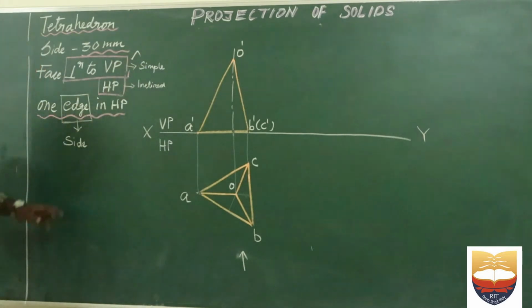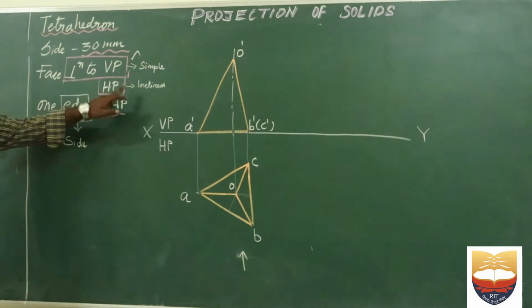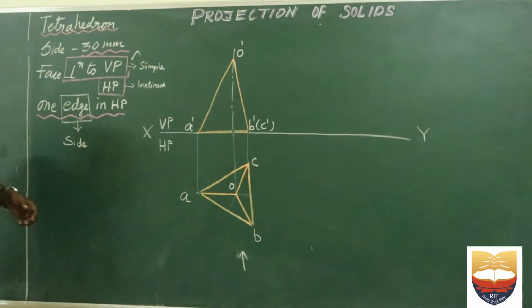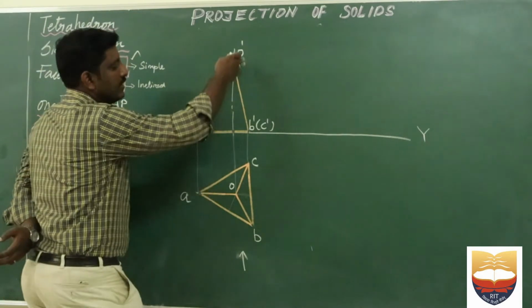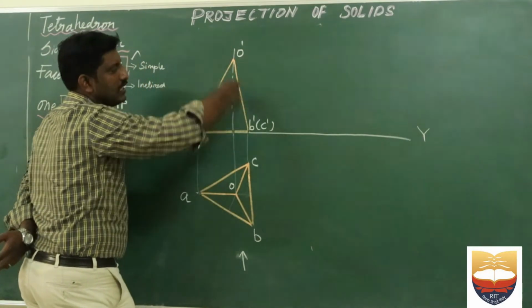The other condition given to me is that the face should be perpendicular to HP. This is an edge which is resting, so I am going to take this face.